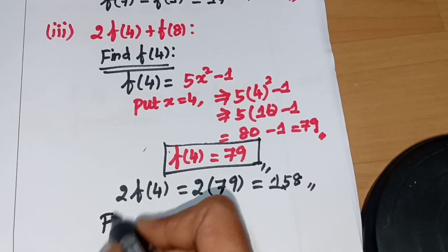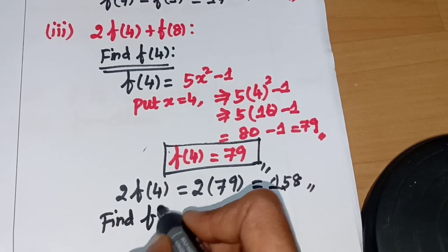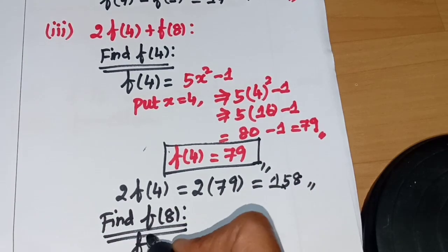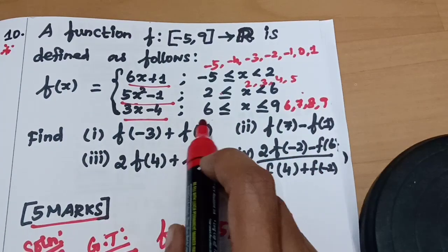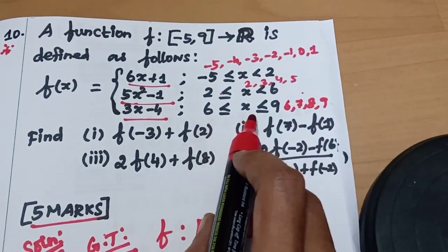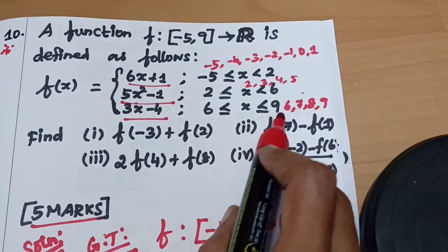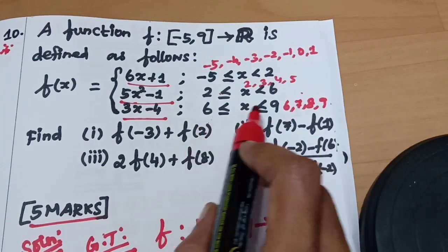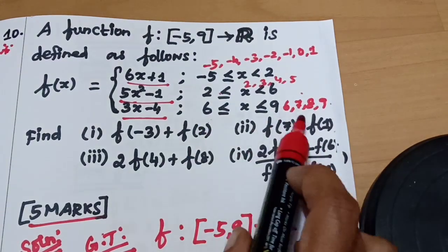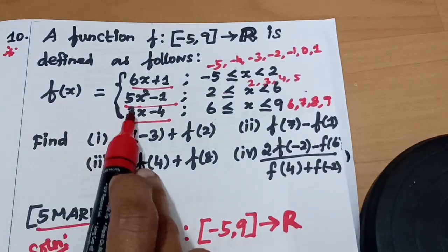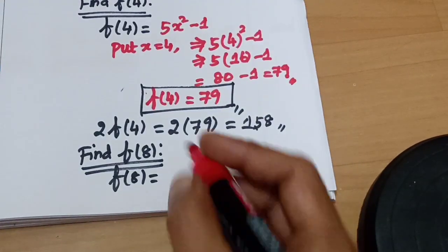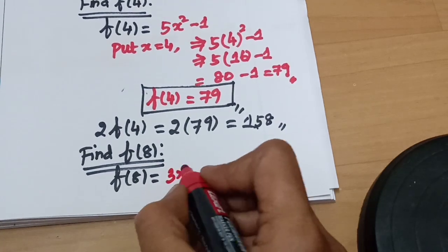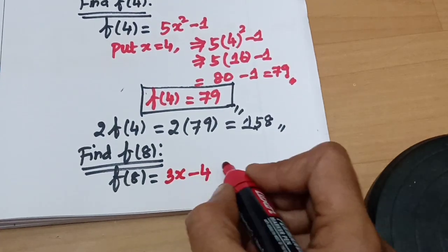And find f of 8. F of 8 equal to, see the question, the limits, third limit, 6 less than or equal to x less than or equal to 9. So taking the limit, function f of x equal to 3x minus 4.